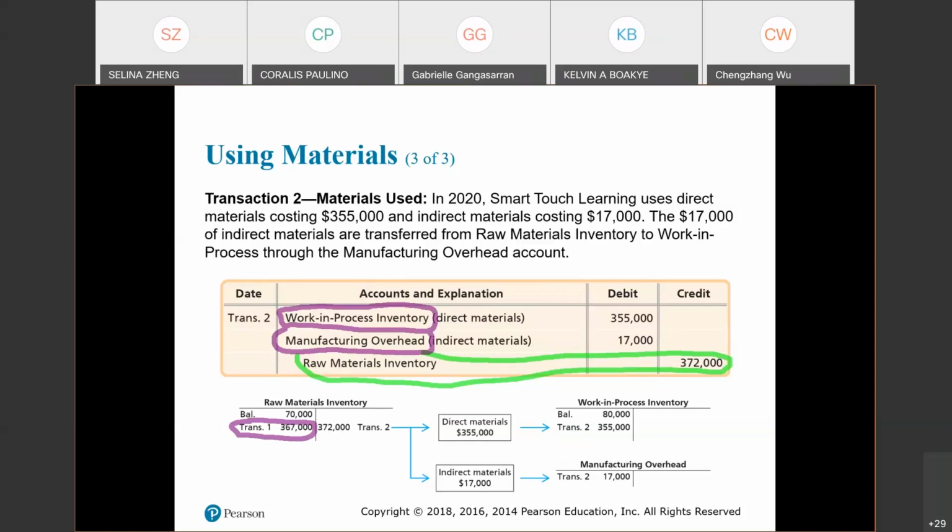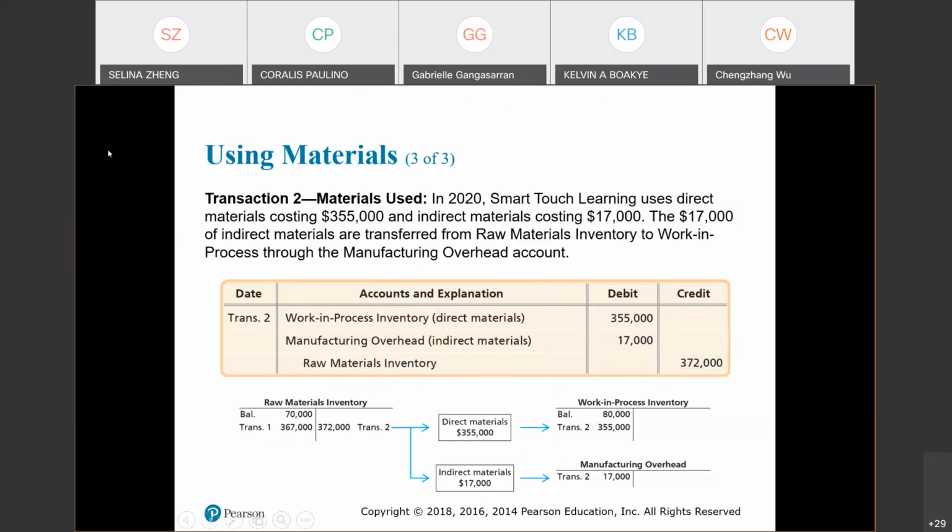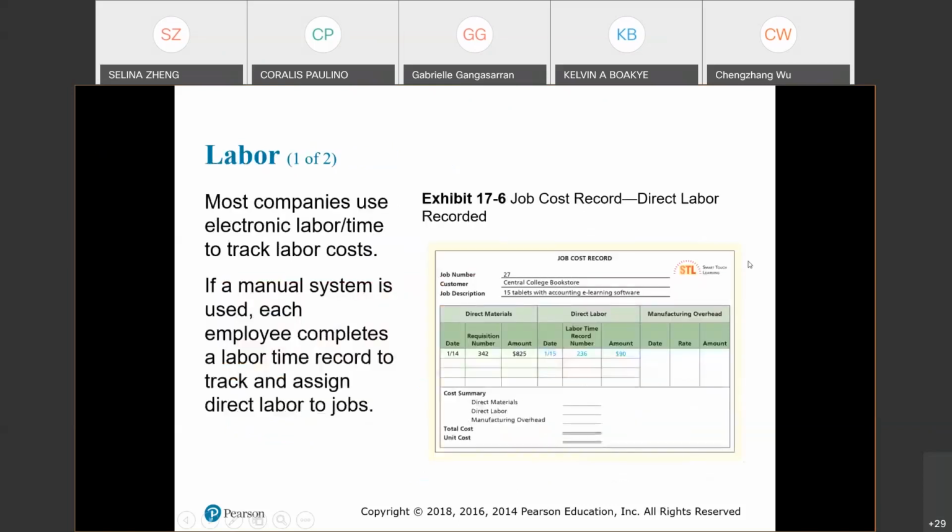Next, let's see what we do when the labor cost occurs. This slide shows the job cost order for job 27. Direct labor costs are assigned to the job based on the labor time records.